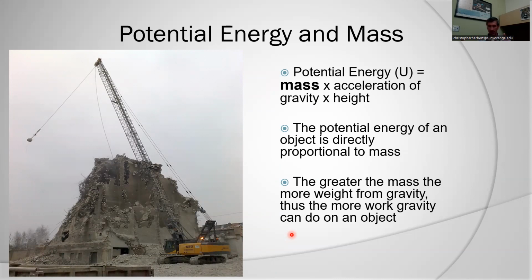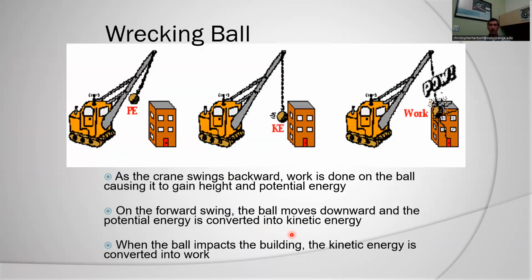So you need to convert potential energy into kinetic energy. After it's kinetic energy, it's going to collide, and that inelastic collision with the wall will deliver a lot of energy quickly. A lot of energy quickly, we're going to see, is associated with a very large force, and this creates the force we need to overcome the bonds of the material. So again, the wrecking ball's potential energy is turned into kinetic energy, which is turned into work, and the work is what's going to tear the building down.